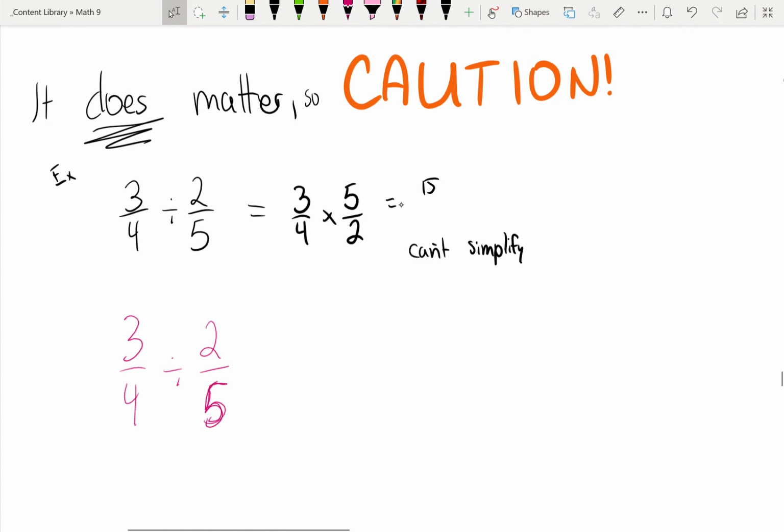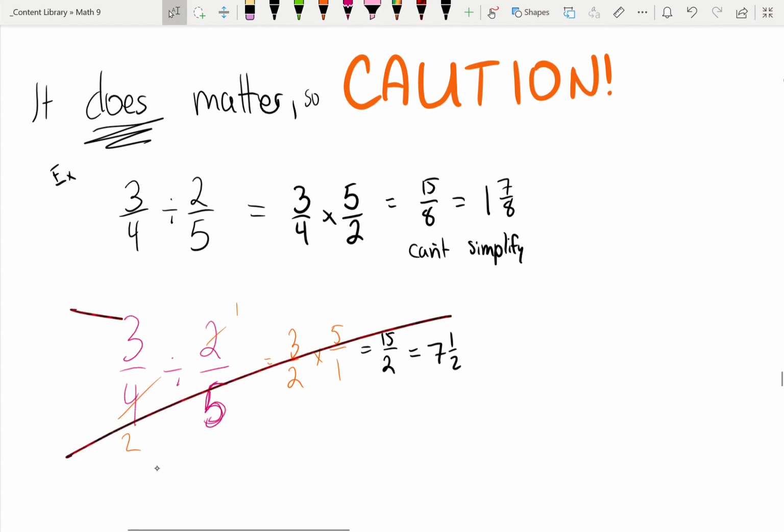I get 15/8, which is 1 7/8. If it doesn't matter, I should get the same thing if I cancel out. So I can cancel these out here. So I get 1, I get 2, so I end up with 3/2 times 5/1, and this gives me 15/2, which is equal to 7.5. So this here, this second step, doesn't work.